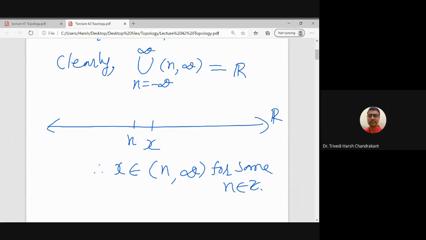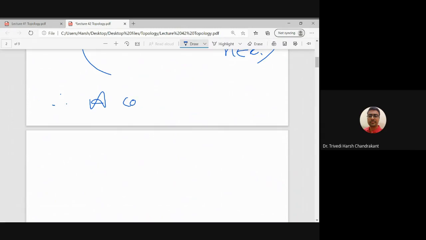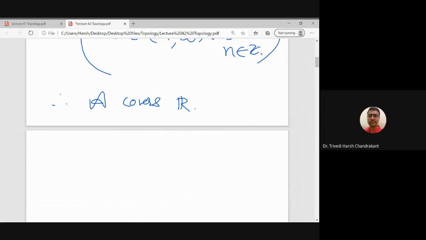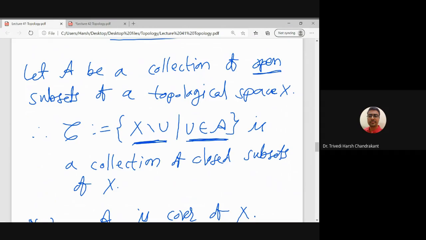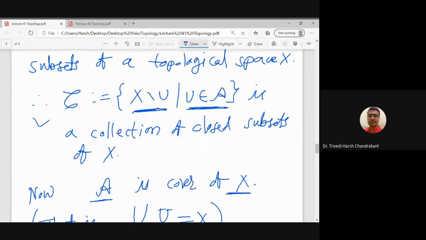So this is basically the proof of the fact that this union covers the entire R. Therefore what we have proved just now is that A covers X. Right. So A is a collection of open subsets of X which covers X. Now what is the corresponding collection of its complement sets?